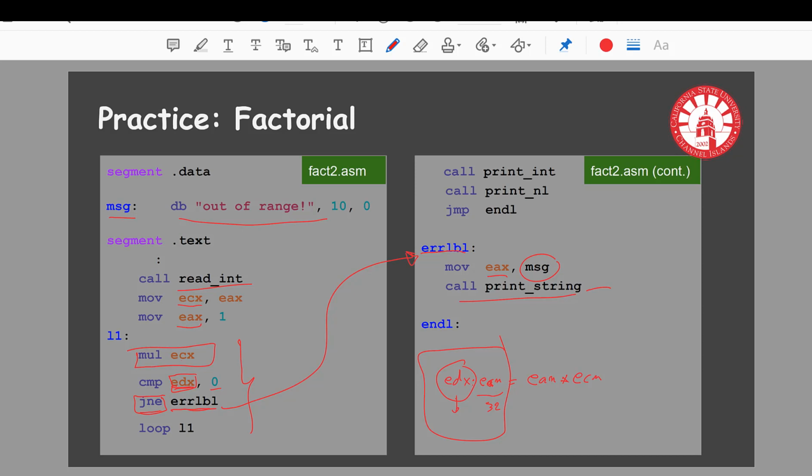Okay, so if the result is not greater than 32 bits, then we compute the factorial and then we end the loop, and then we go to this line and then print the factorial value and print new line, and then in here we jump to the end line, which is the end of the program.